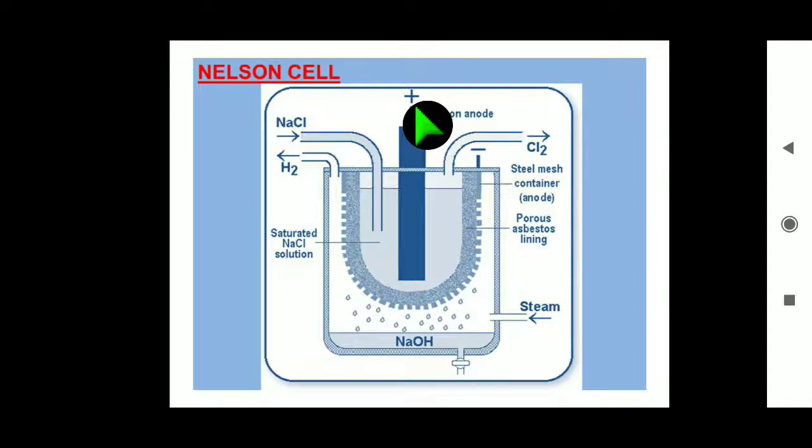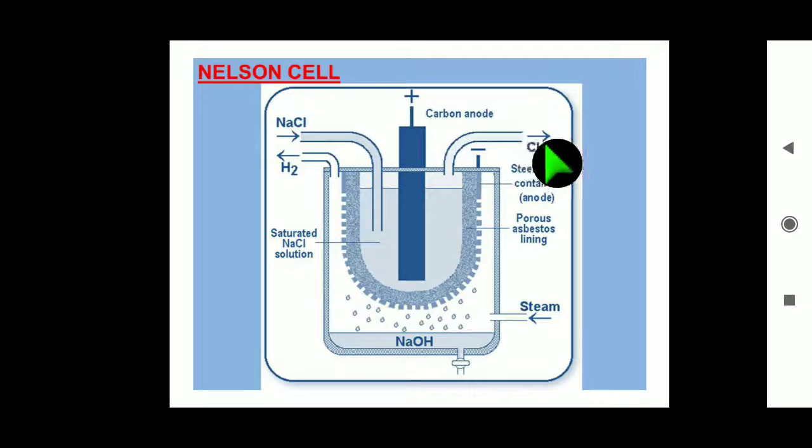We are applying positive. The cathode, the container itself acts as a cathode, negative. Okay, here we have to take sodium chloride. It goes through the pipe. The sodium chloride is present here.